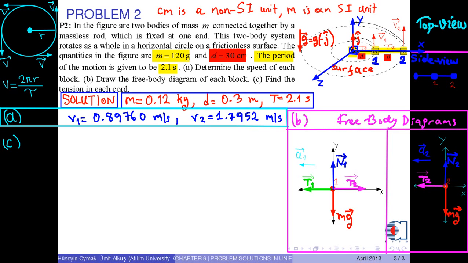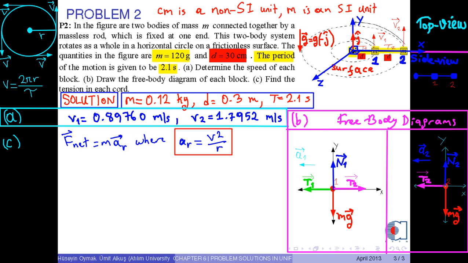In order to find the tensions in each cord, we have to consult Newton's second law, which is written as F net equals m times a_r, since this is a uniform circular motion and a_r is the radial acceleration. For both bodies, the net force is the centripetal force, which is directed toward the center.